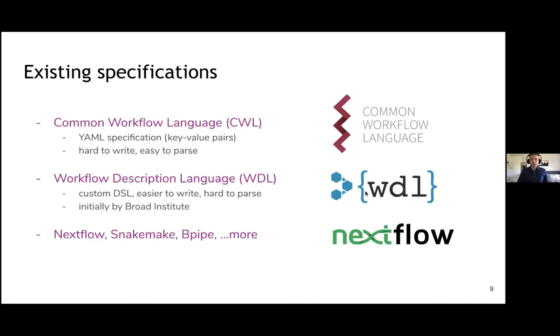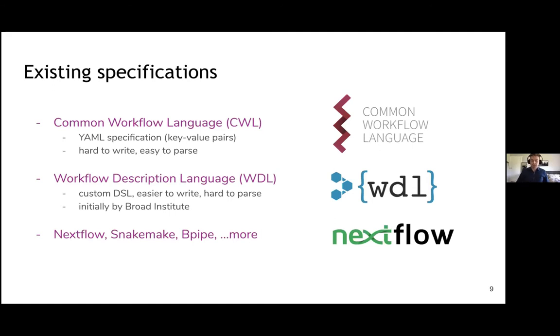So some existing workflow systems that we looked at are the Common Workflow Language, which uses a YAML specification, so key-value pairs like JSON, to specify your steps, your inputs, your workflows, and your tools. It's fairly tedious to write, but very easy for a computer to parse, as they're just dictionaries. The Workflow Description Language is similar.